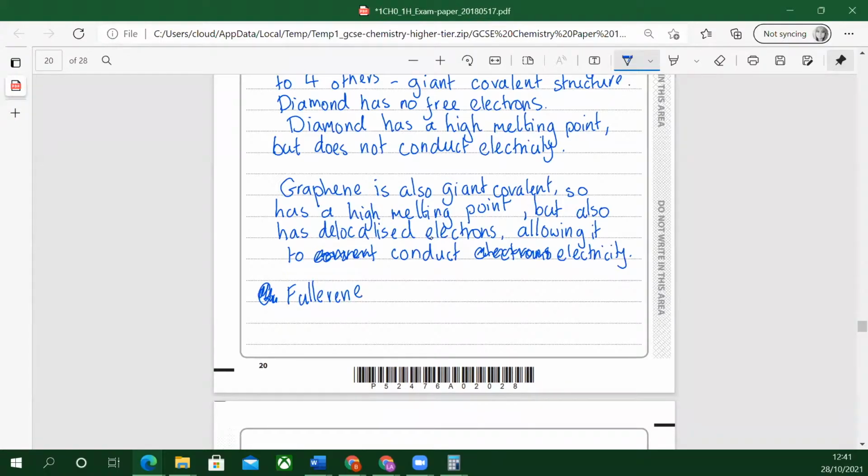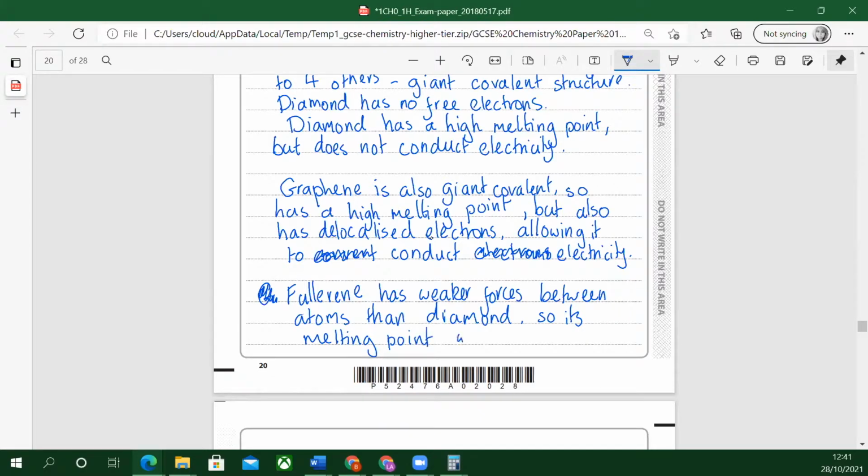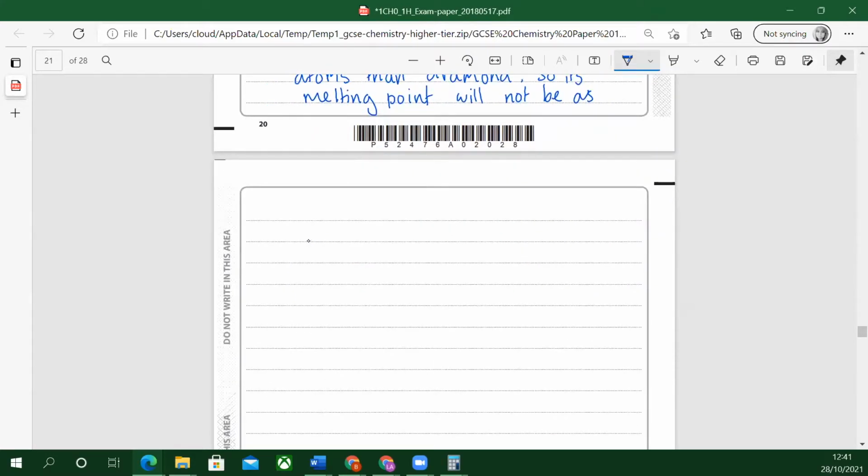Fullerene actually has weaker forces, not as many bonds, there are weaker forces between atoms than diamond. So its melting point will not be as high.